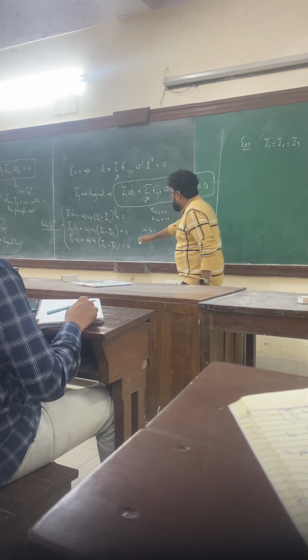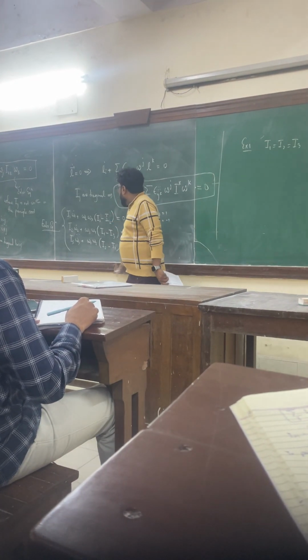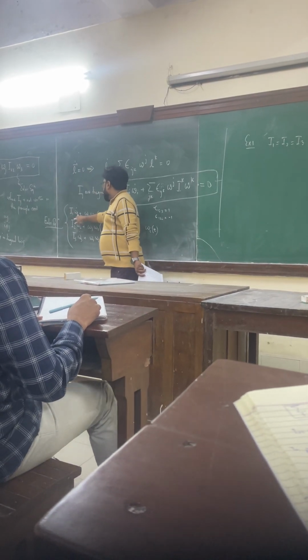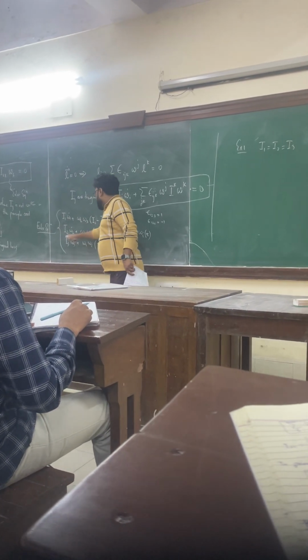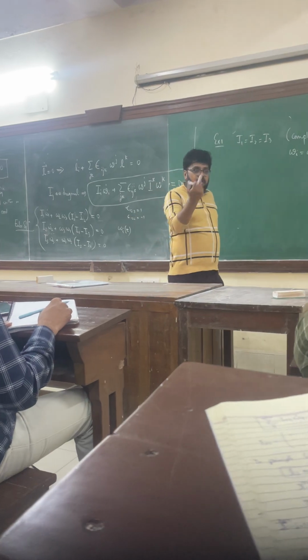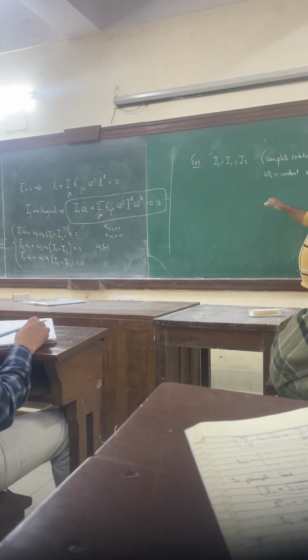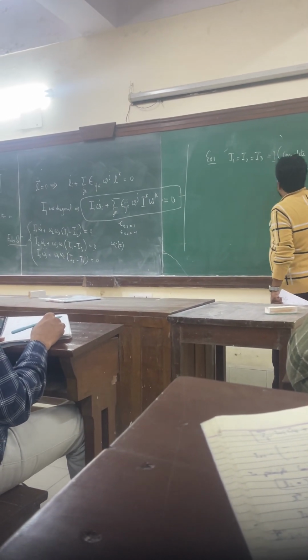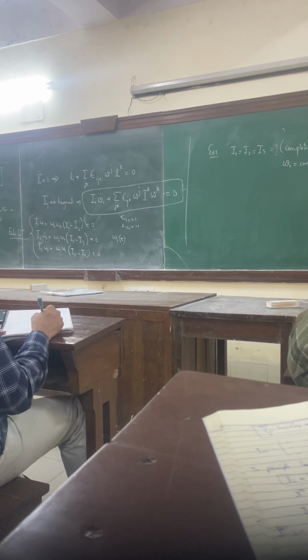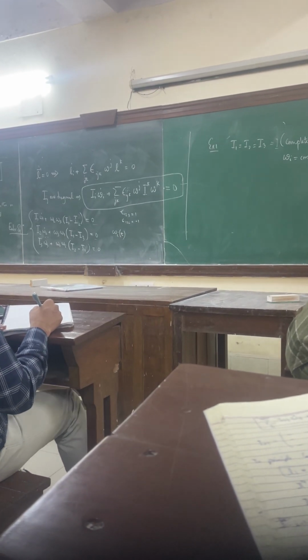So all of these terms will be 0. You will get I omega 1 dot equals 0, I omega 2 dot equals 0, I omega 3 dot equals 0. Why? Because they are equal. So all the components, omega 1, omega 2, omega 3, will be constant.